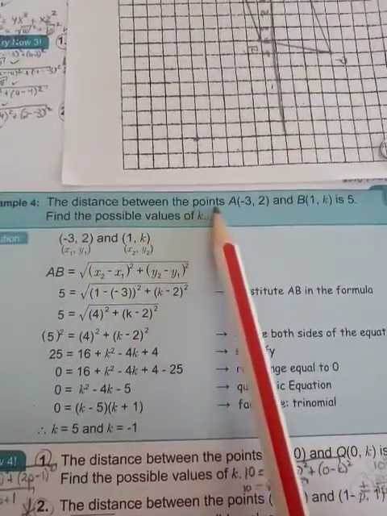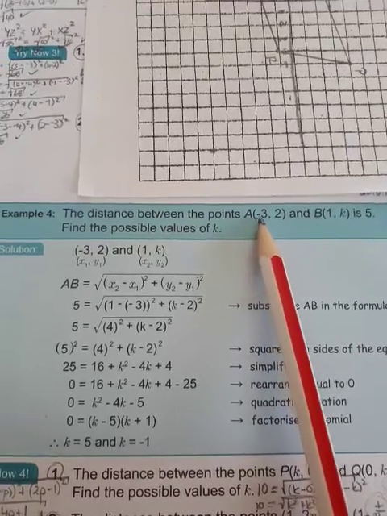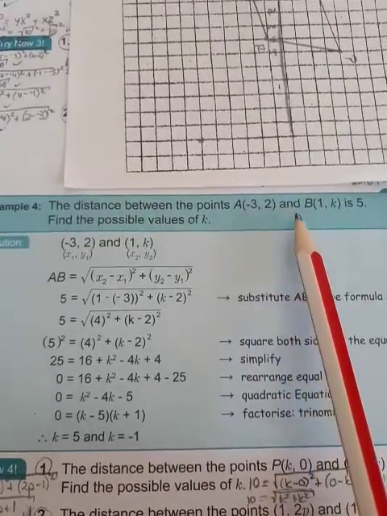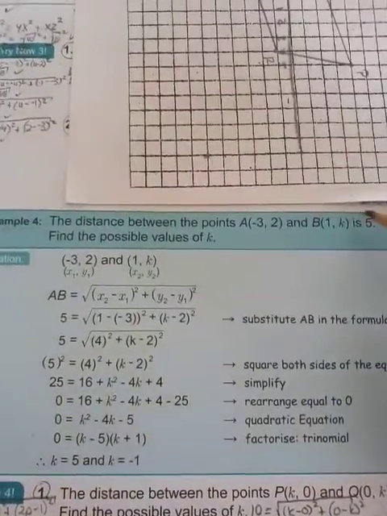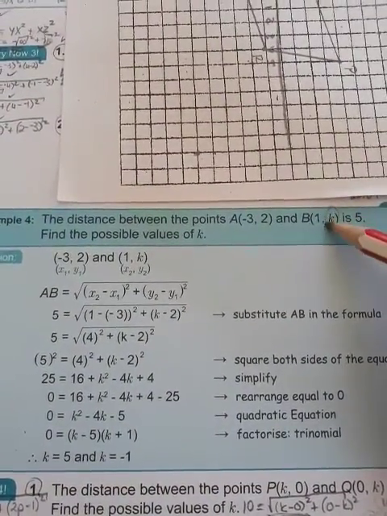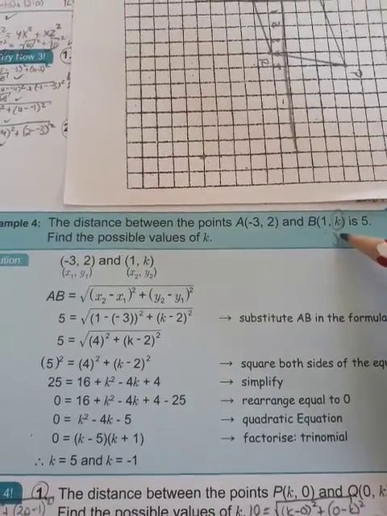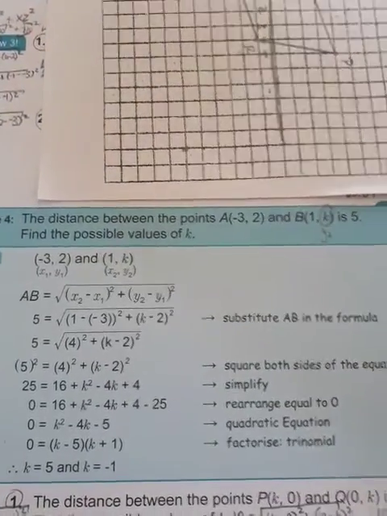It says the distance between points A, which is given as (-3, 2), and B, which is given as (1, k). Now, importantly, you must realize that y2 is not given.